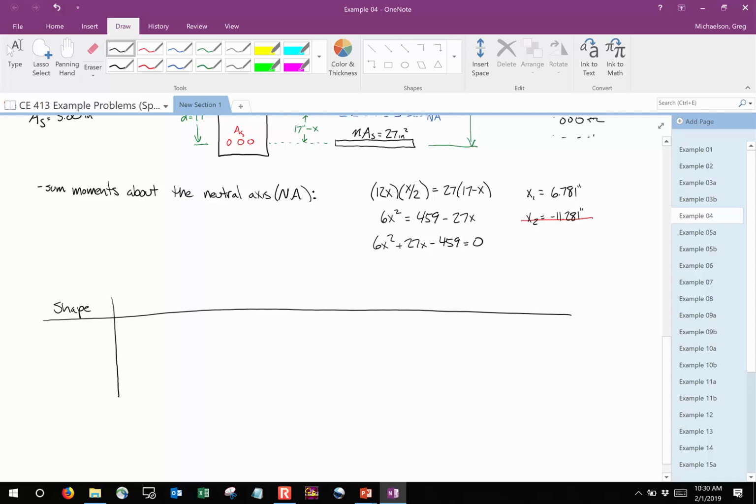We're going to have a shape, and we're only going to have two shapes that we have to consider. I'm going to call them the concrete and the steel. Now remember, it's not steel, it's an equivalent lump of concrete, but I just want to use a naming convention that we're all pretty familiar with. Because we've already determined where the centroid is, we don't need the A, the Y, the AY. All we need is a column for the I naughts, a column for the A's, and a column for the D's.